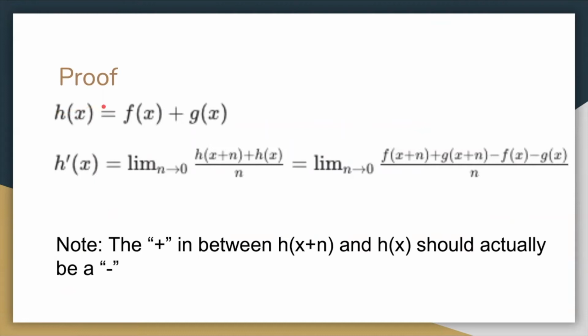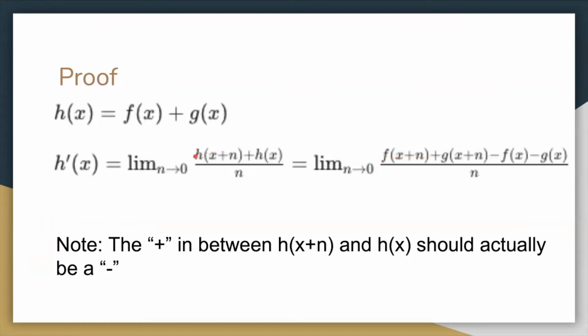So you start with h of x equals f of x plus g of x, h prime of x. If you remember the formula for calculating derivatives, it's equal to this, but the sign should be a negative, a minus, not a plus. Sorry, this is a mistake in the slides. And then now you can just plug in what h of x is equal to. So h of x is equal to f of x plus g of x.